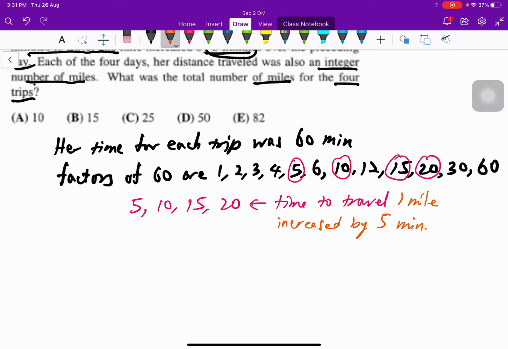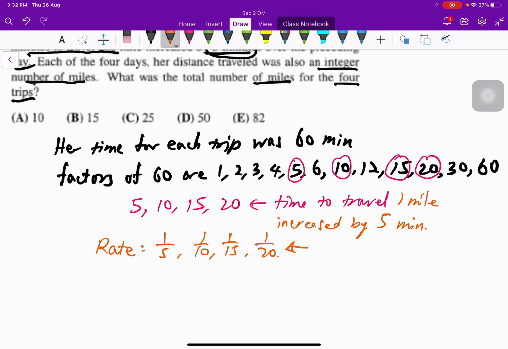When it says increase, it means the speed actually decreases. If you look at the speed, we are looking at rate. The rate becomes 1 over 5, 1 over 10, 1 over 15, and then 1 over 20. This rate is as if it was a speed.